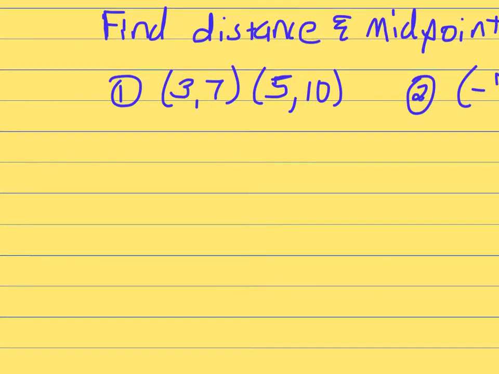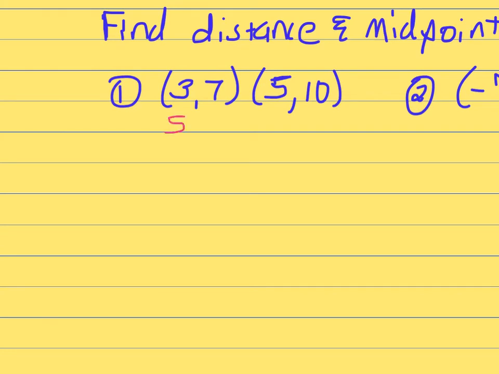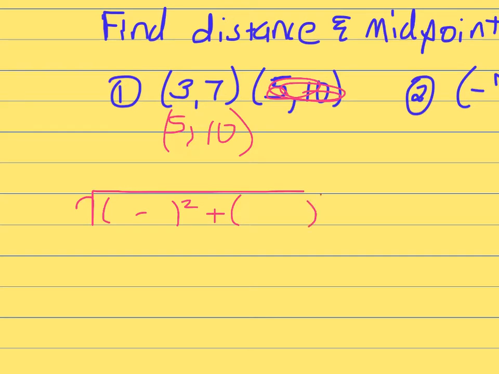But if we're going to do the distance formula, again, I like to write the points on top of each other so I don't make mistakes. I set up my distance formula. I have my x's, and I subtract them. And I have my y's, and I subtract them, and then I add that together. So I'm going to say 3 minus 5, agreed? 7 and 10.